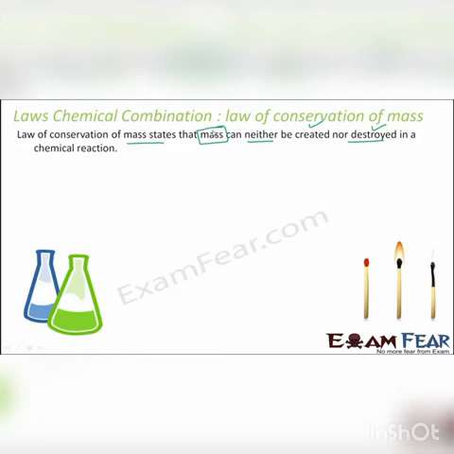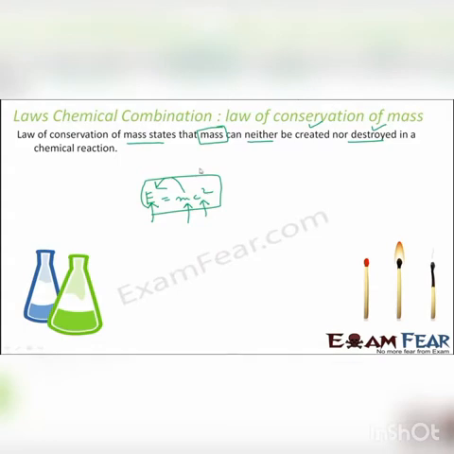Okay? There's only one reaction which you will see, E is equal to mc square. Einstein has given this reaction, which actually talks about converting mass into energy, and c the speed of light. That is a different reaction altogether, where mass can be converted to energy. But in typical reactions, mass can neither be created nor can be destroyed in a chemical reaction.